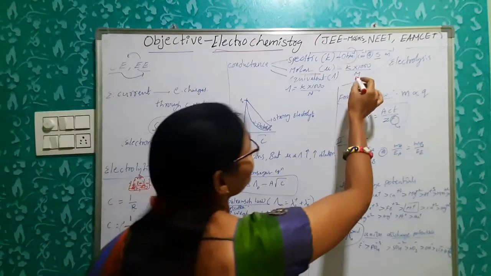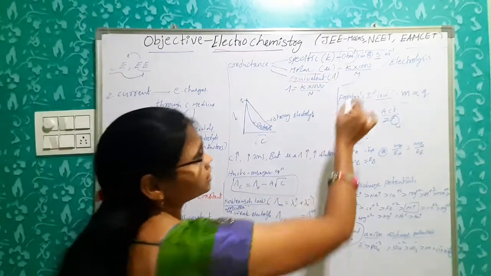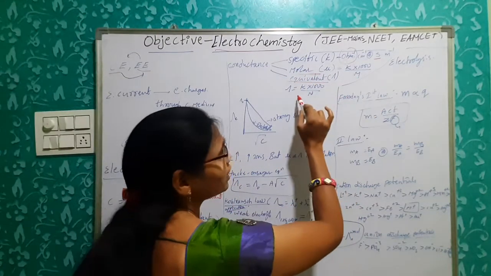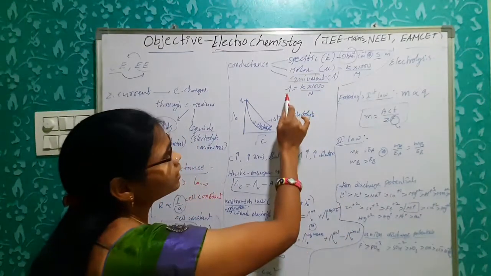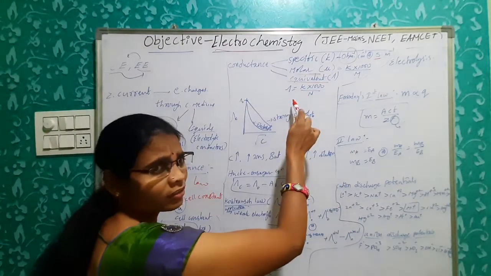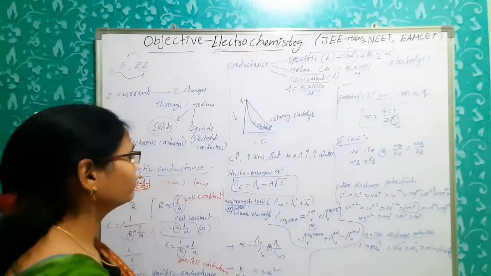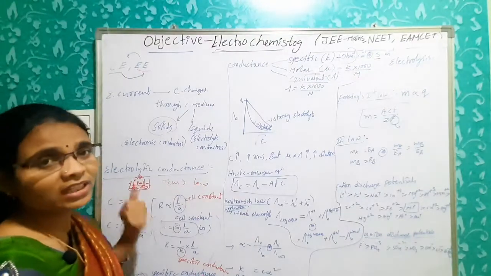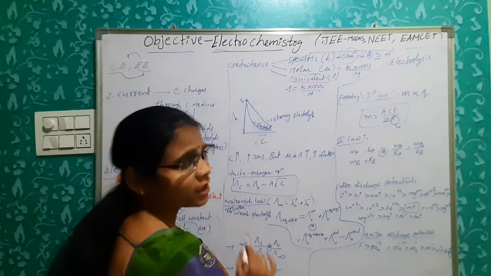Equivalent conductance: instead of 1 gram mole, here we take 1 gram equivalent of electrolyte present between two electrodes separated by unit length and unit area of cross section. That is equivalent conductance.